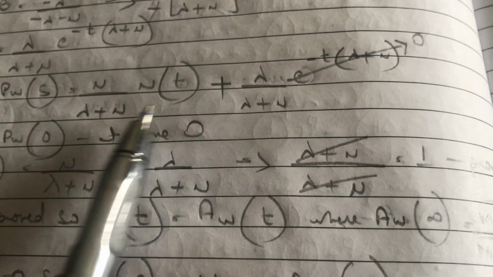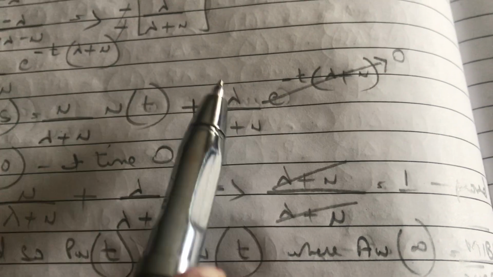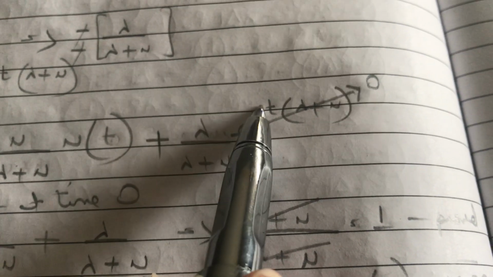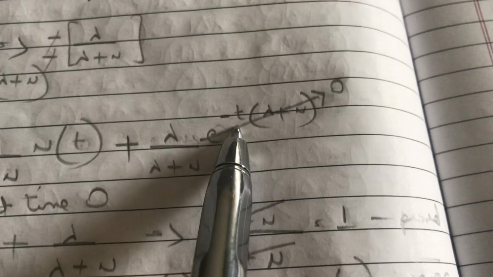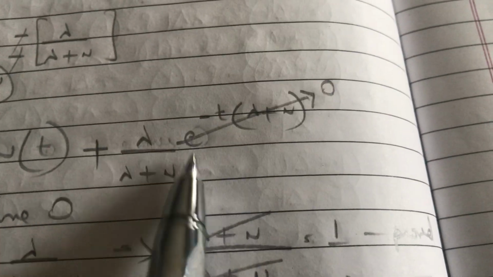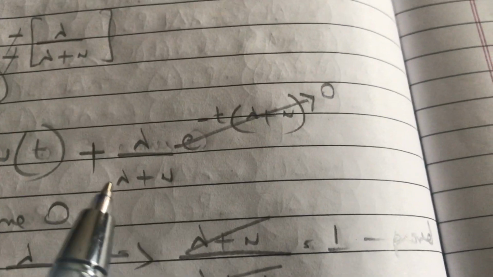When we take it as PW of infinity, what do we get now? Here you can see, when e is raised to minus, and t is taken as infinity, this whole thing goes to 0. The exponent at infinity is 0, and this multiplied by this would also be 0.